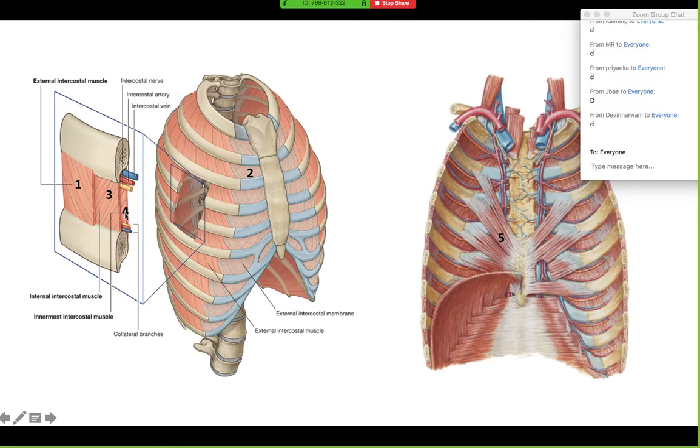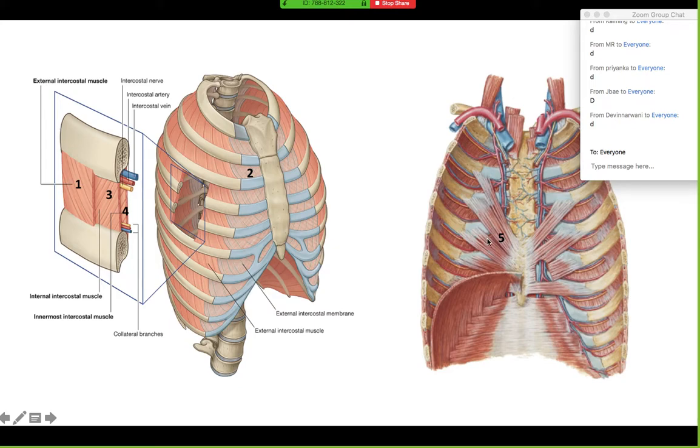And then your innermost intercostals, those are just in the lateral thoracic wall. And then here in the front, if you can imagine that you're standing behind somebody right now and you can see through them to the anterior thoracic wall, you have the transverse thoracis muscle, starting from the xiphoid process and inserting on ribs 2 through 6.